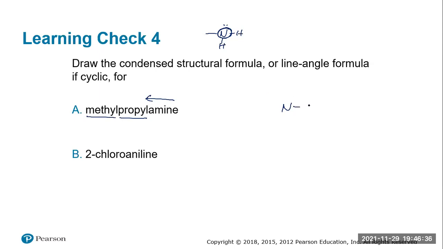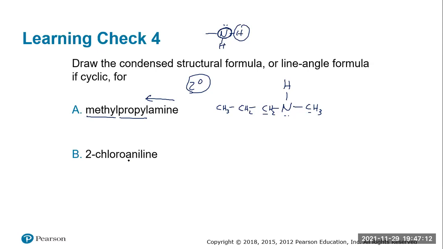I'm going to put my methyl group to the right, and I'm going to put my 3-carbon propyl group to the left. I also know that what's left here is a hydrogen. And there we go. We now have our methylpropylamine. In this case, we can see this is actually a secondary amine, as it has 2 carbons attached. Question on that one there.